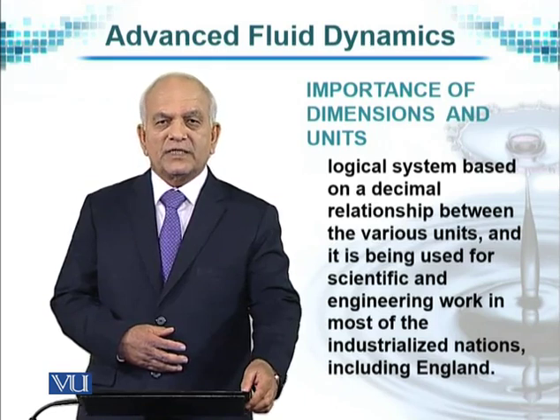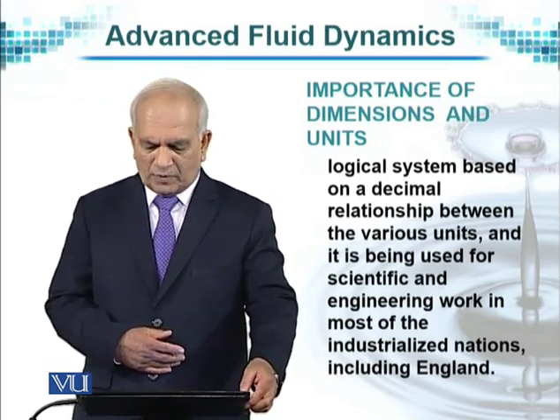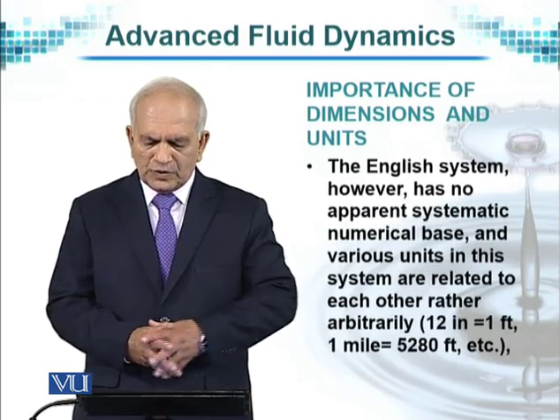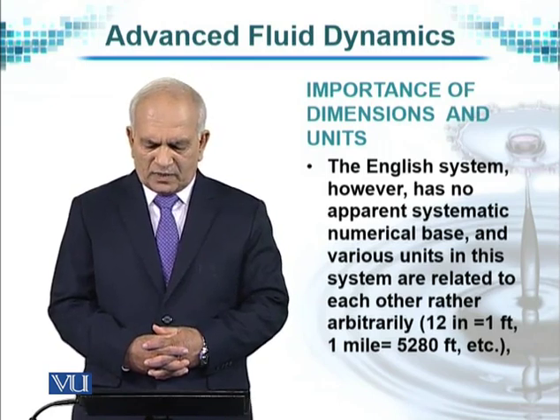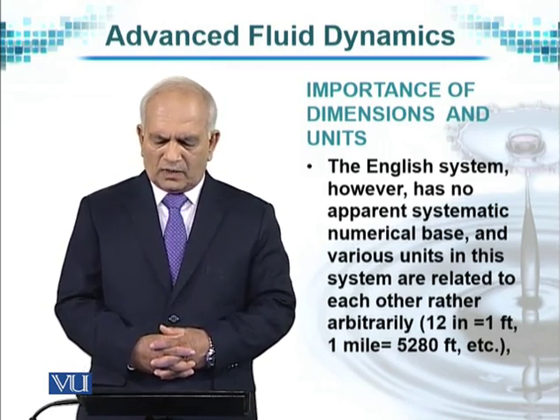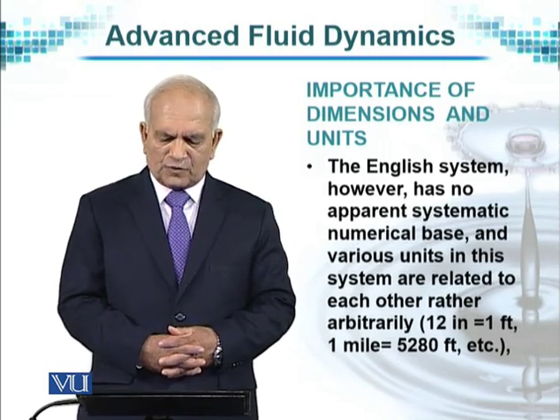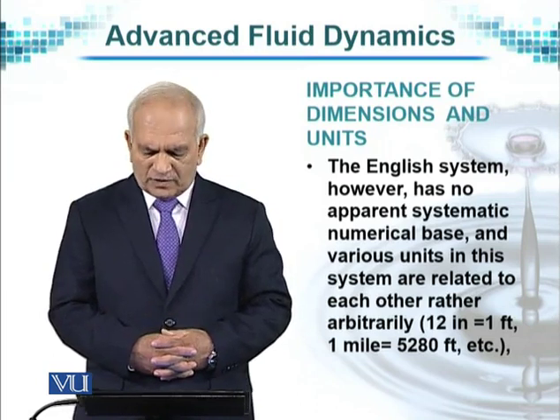Still in many countries, the other system is being used, which was developed by the British. The English system, however, has no apparent systematic numerical base, and various units in this system are related to each other in an arbitrary manner.